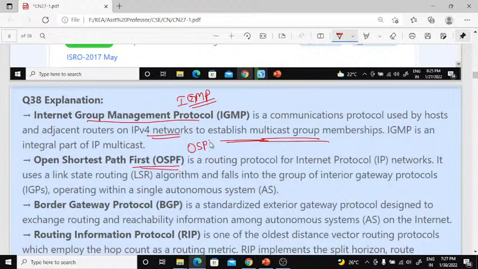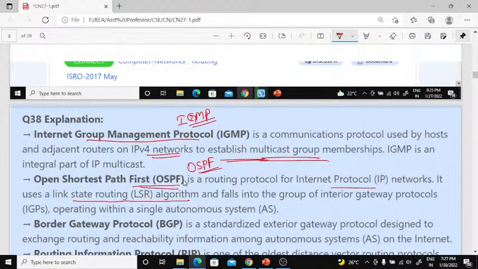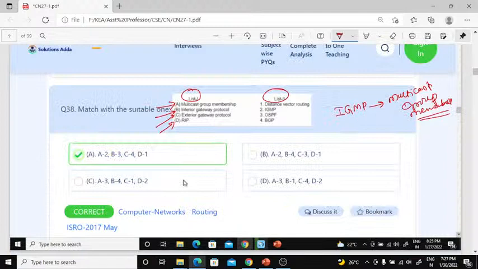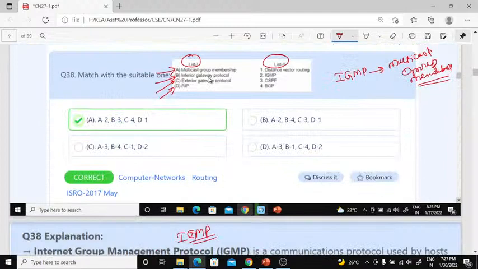OSPF, Open Shortest Path First, is a routing protocol for IP networks which uses a link state routing algorithm and falls into the group of interior gateway protocols, IGP.